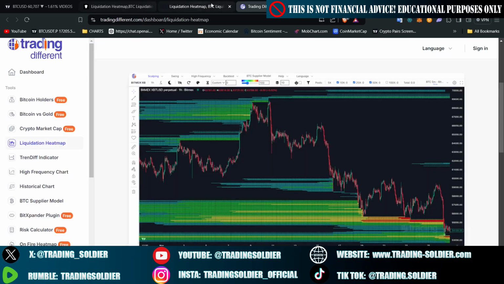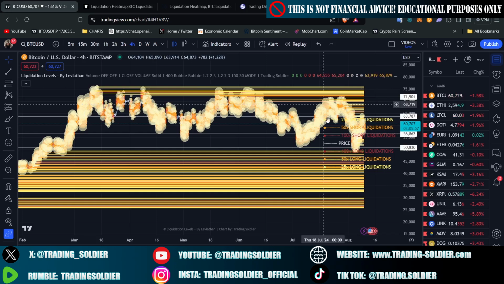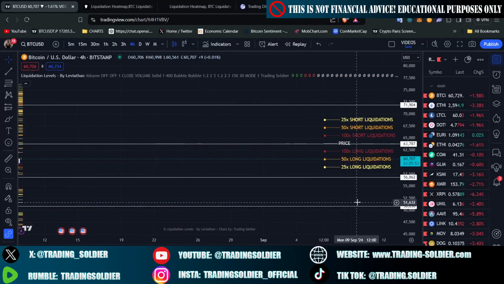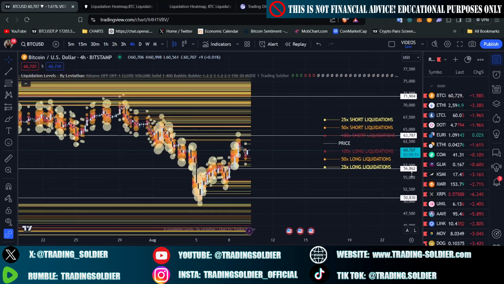You can use these three platforms, and on top of that, I give you this TradingView indicator if you want to use just TradingView, as I like to do, with the Leviathan liquidation levels indicator. There are many other indicators that in theory highlight liquidation levels in TradingView.